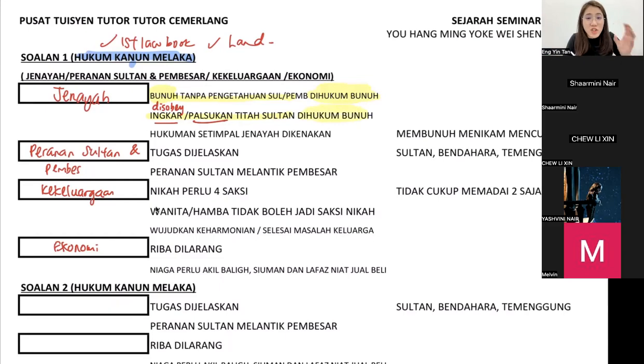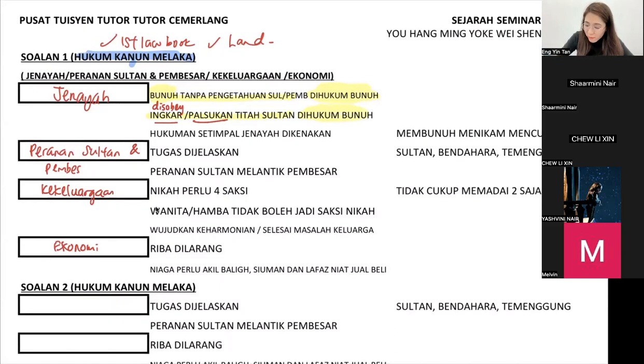And then regarding the Jenayah Criminal Act, you will receive hukuman setimpal. You know what setimpal means? Equivalent. That's why you kill people, hukuman bunuh. You disobey the king, you are not loyal to the government, so hukuman bunuh. So you see, membunuh, menikam, mencuri. If you are involved in any criminal act cases, then sorry, the punishment is hukum bunuh.